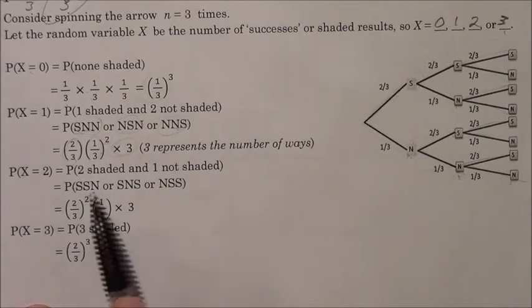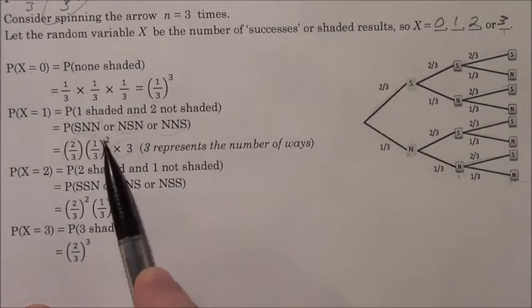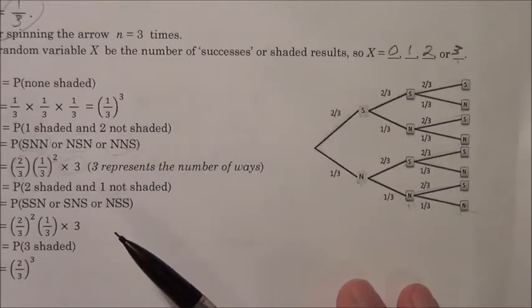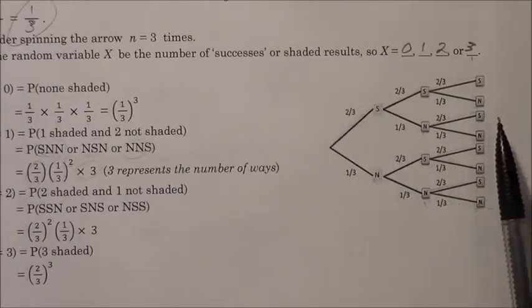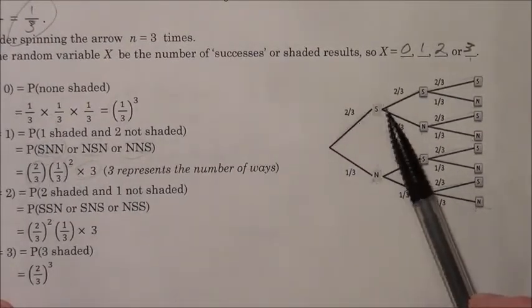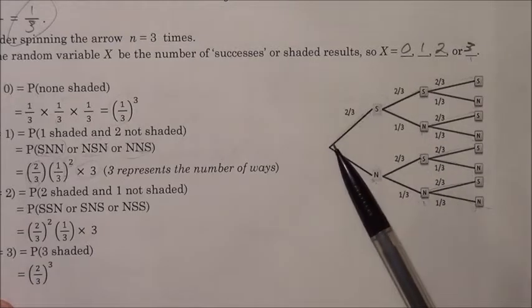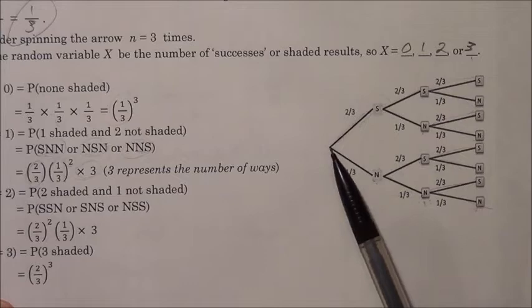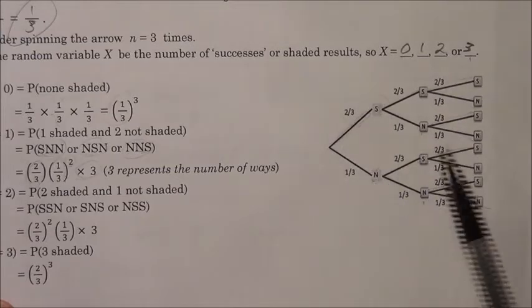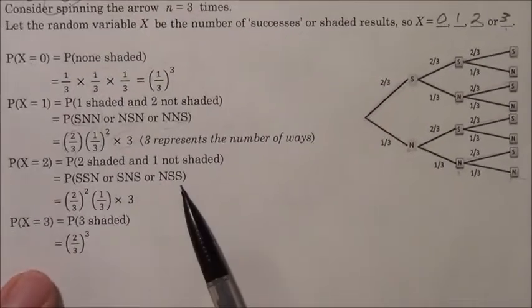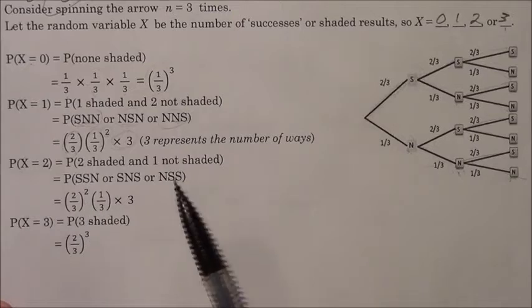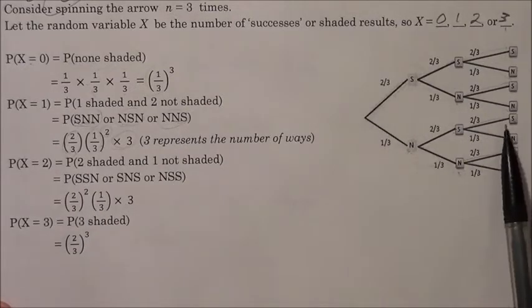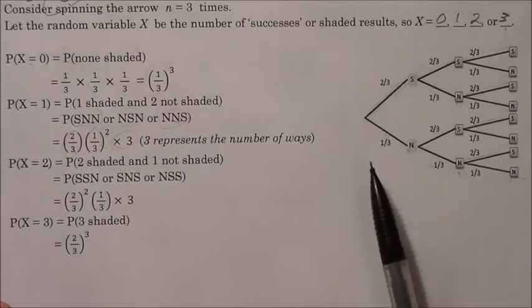So that's why it's going to be squared. And then non-shaded, the probability is going to be 1/3. So all of these calculations come from the tree diagram. So we could do shaded, non-shaded, or non-shaded and shaded, for these outcomes. And then you just multiply along the branches to find the final probability.